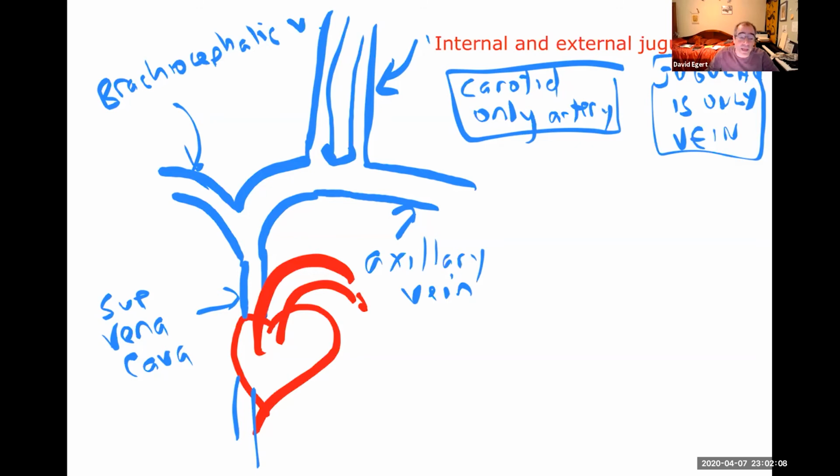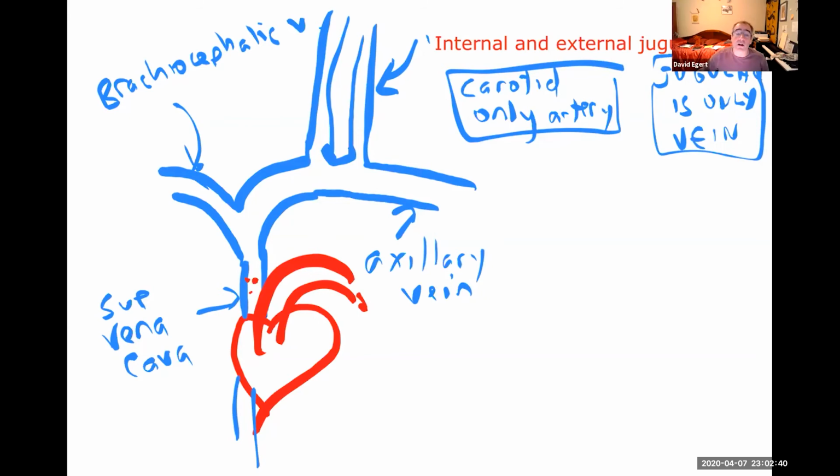By the time you get back to the vena cava, you have pretty much zero blood pressure left. We're going to talk about the different things that make sure the blood keeps flowing and makes it back to the heart. But in general, the pressure is very low. And in general, there are a lot of anastomoses, many alternate paths that the blood can take in the veins to get from point A to point B.